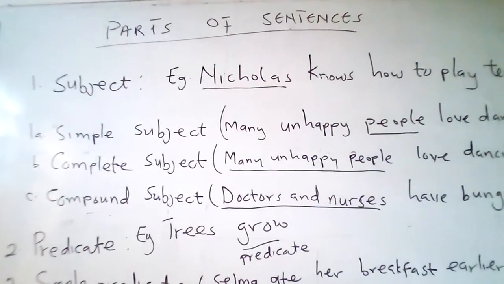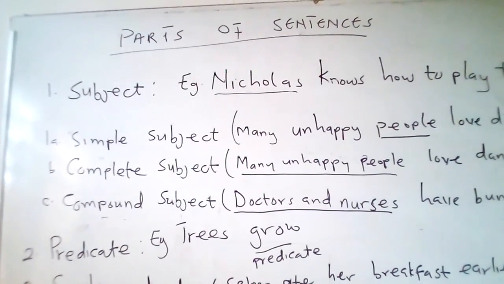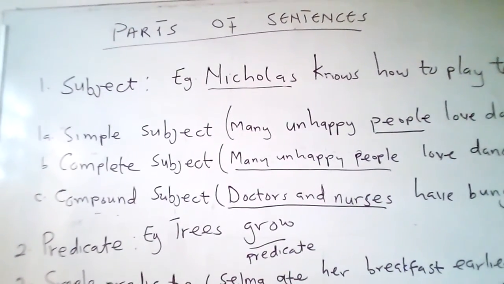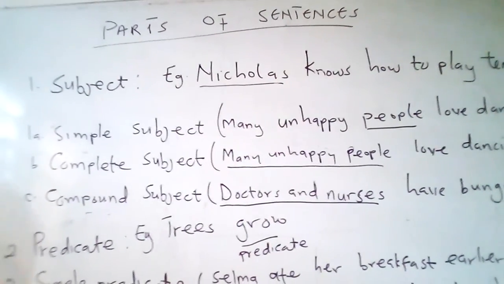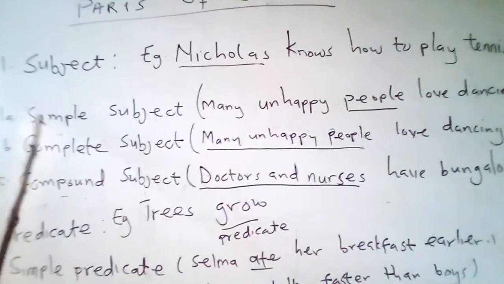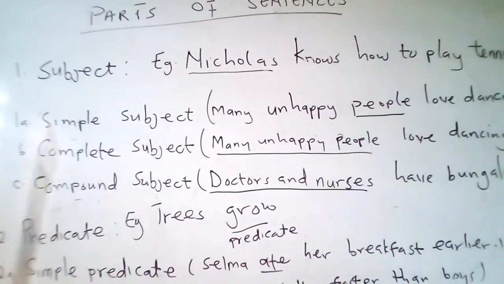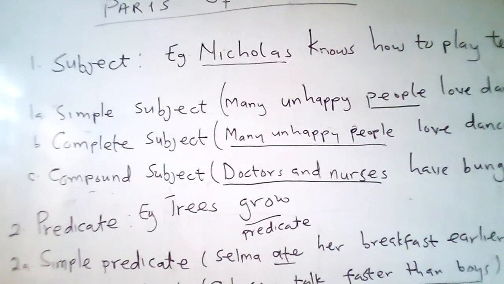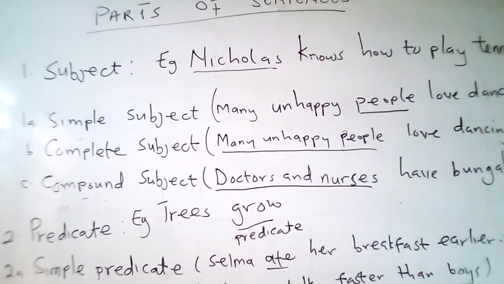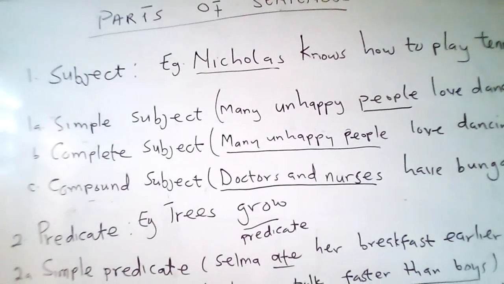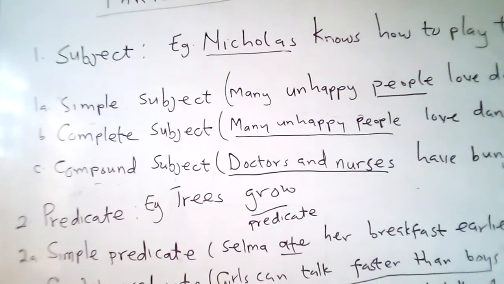Under the subject, there are a few forms. A subject can be a simple subject, a complete subject, or a compound subject. A simple subject is the main subject without the words which describe or identify it.